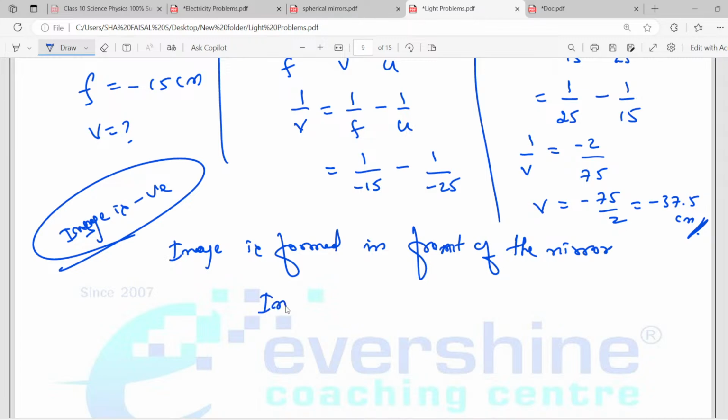So here the image is real. Any doubts? Is the concept clear? The image is real and inverted.